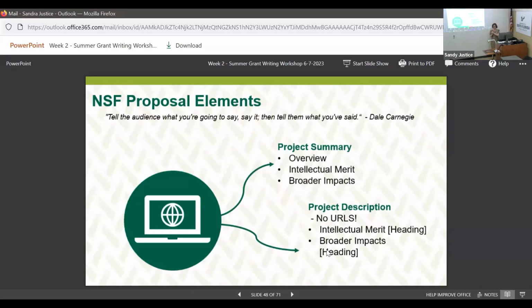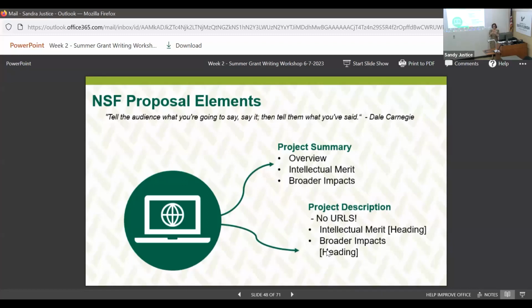At NSF, if you have a URL of any kind in your project description, it will get returned without review. Why is that? That's a crazy rule. We're talking about building websites. Of course, I'm going to have website addresses in my project description. Well, NSF has determined that adding websites to the project description infers to the peer reviewers that we expect you to go out to websites.